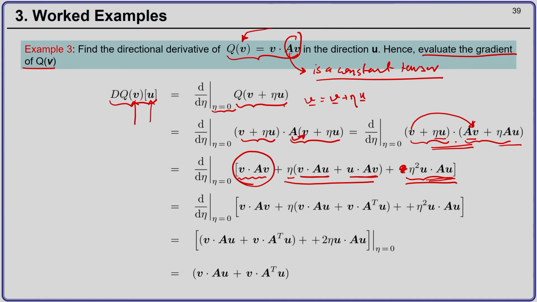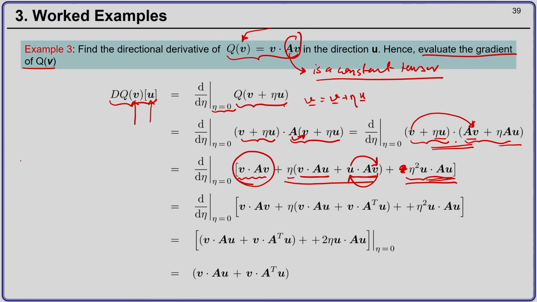So, we can bring v on this side and u on this side, by following a procedure. That will be easier for us to understand and later on to compute the gradient.